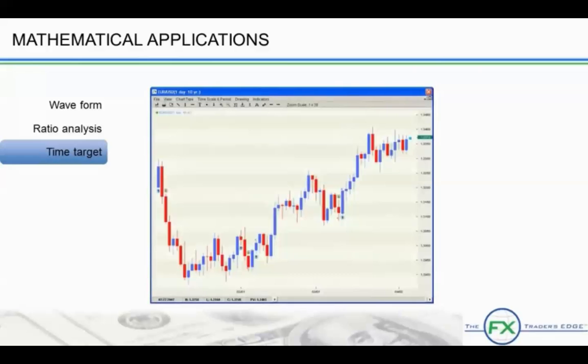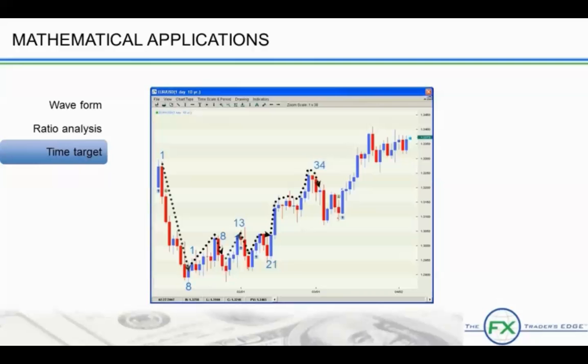To predict a time target, count forward from significant tops and bottoms. For example, on a daily chart, from a cycle top or bottom. Future tops or bottoms will occur on Fibonacci days 13, 21, 34, 55, 89, or 144 days into the future.